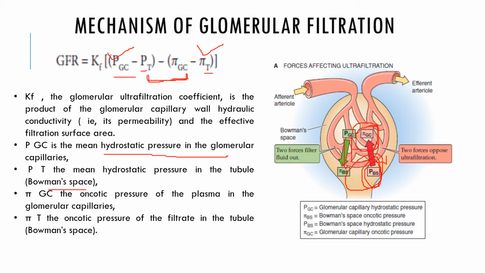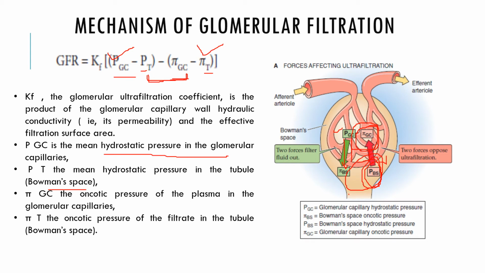They are trying to move the fluid away from the Bowman's capsule towards the glomerular capillary, whereas the hydrostatic pressure of the glomerular capillary is trying to move the fluid from the glomerular capillary to the Bowman's capsule.